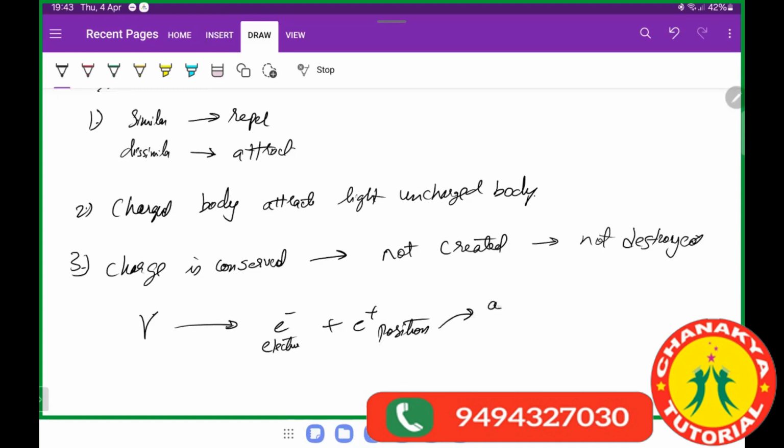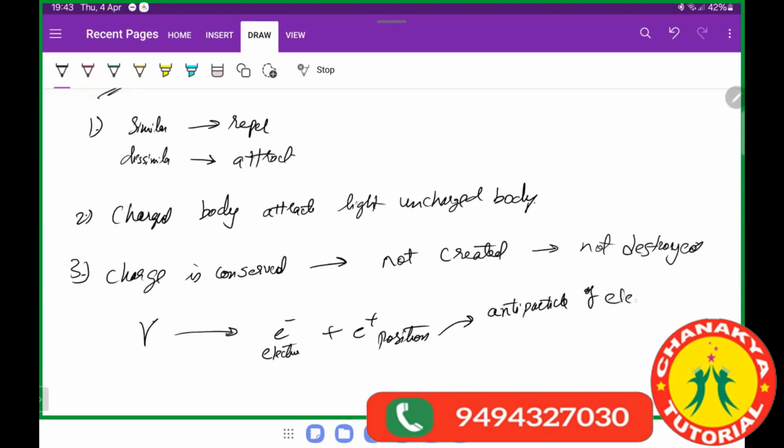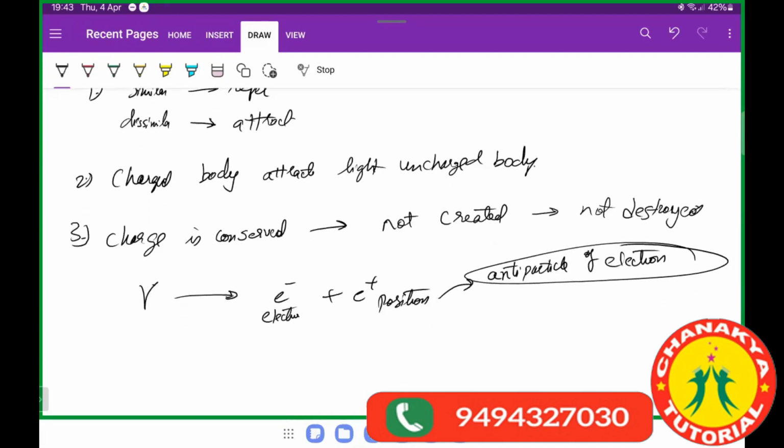The other name is the antiparticle of electron. Don't worry, this is not required, I just wrote it as an extra example. Mass will be the same, but they are opposite in nature. Because both are electrons, the mass will be the same, 9.1 × 10^-31 kilogram.